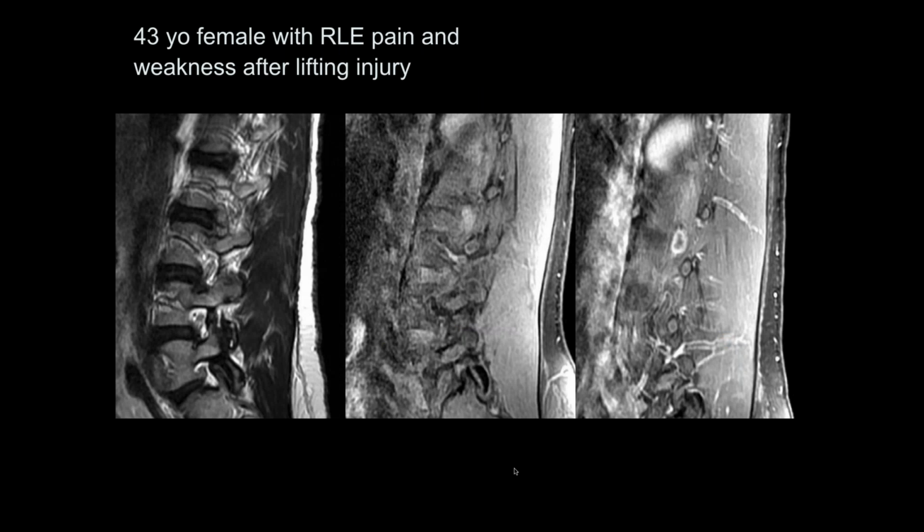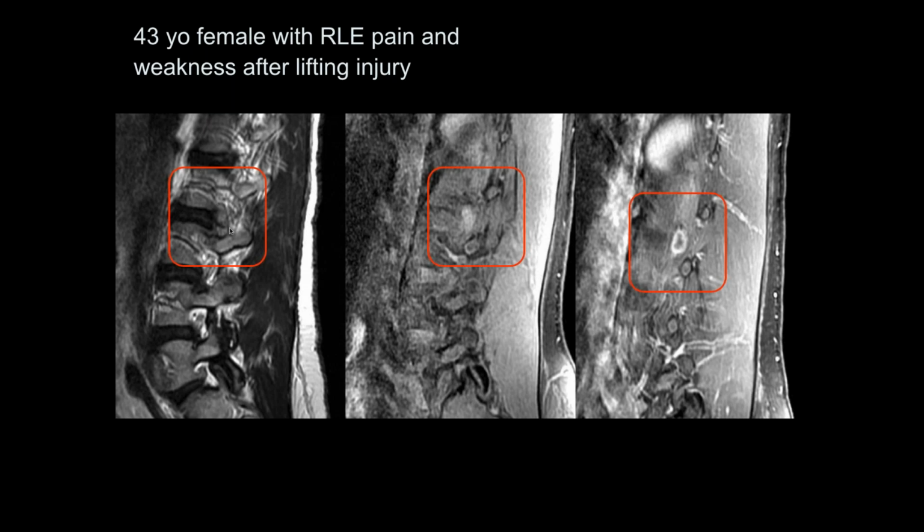43-year-old female with right lower extremity pain and weakness after a lifting injury. I think the problem is at L2, L3. Yeah. No, the level above it. Yeah, there. Okay.